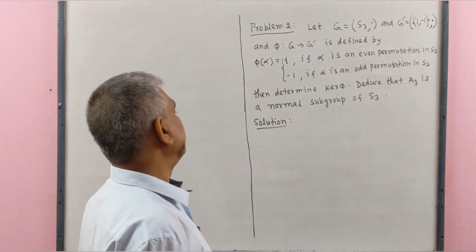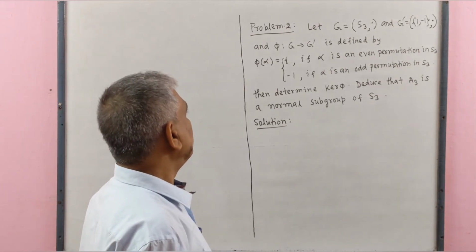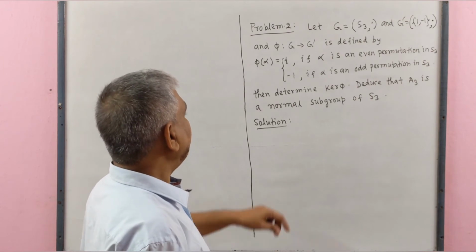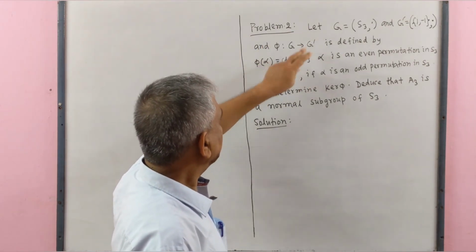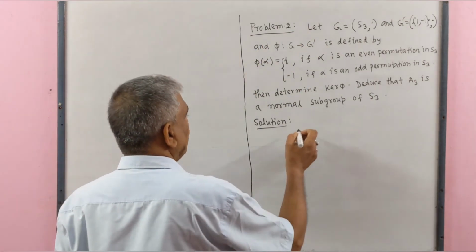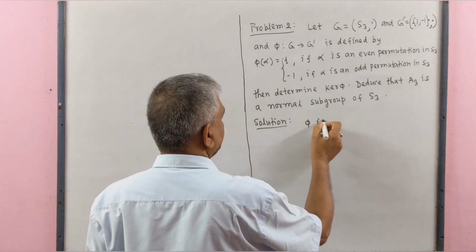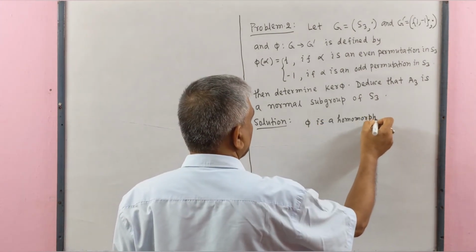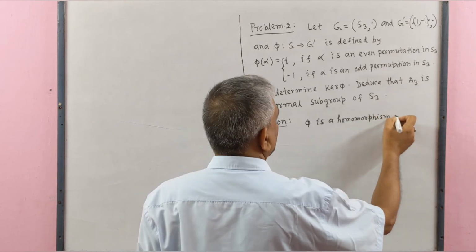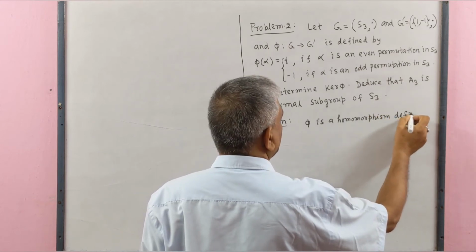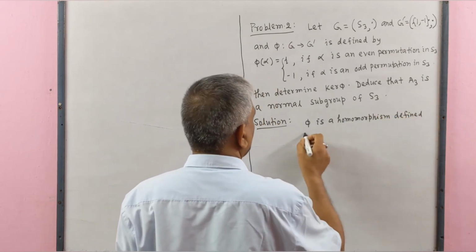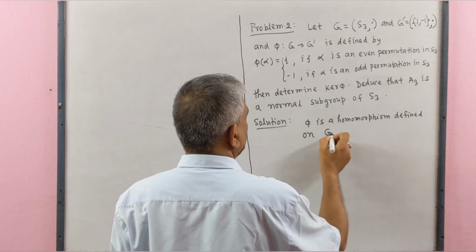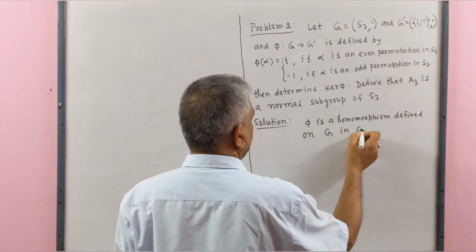Now we prove this. Since we know that under this condition phi is a homomorphism defined on G into G prime.